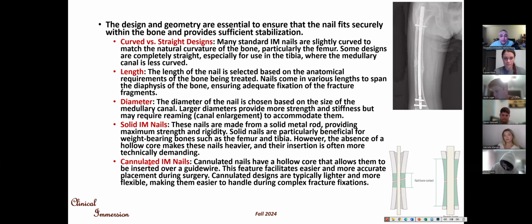It opens the medullary cavity and we can check the reduction, and it doesn't injure any tissue in the medullary cavity. Then when we are sure, we can pass the nail over that guide wire. But solid nails cannot be passed over the guide wire, so we have to insert the nail blindly, and sometimes it causes problems.